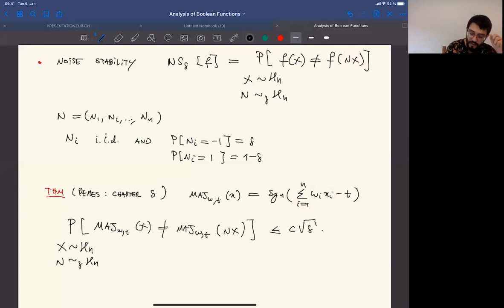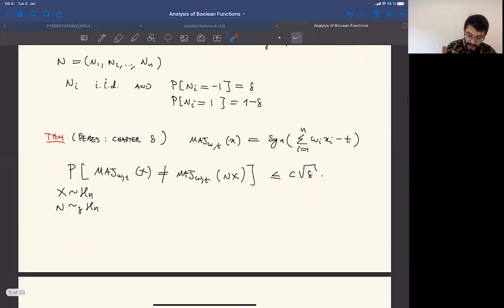Okay, so for all these voting rules, if you randomly flip some of the votes, and the probability of flipping is very small, then the probability of changing the outcome, the result of the election, is also small because it's bounded by square root of delta. Okay, and that's best possible.